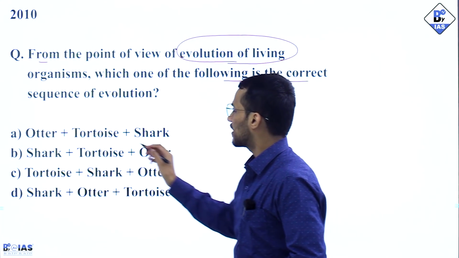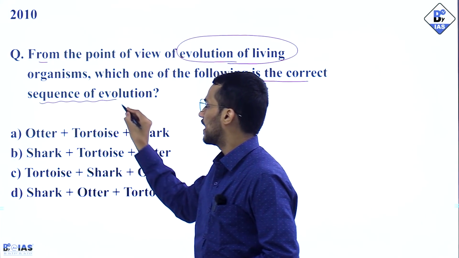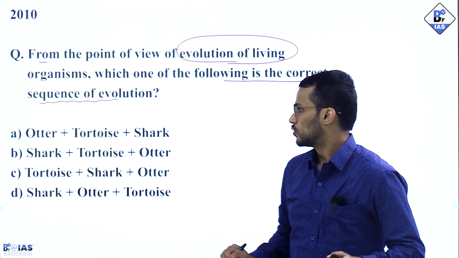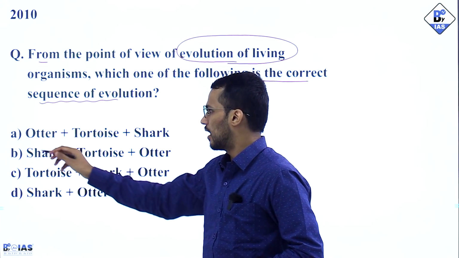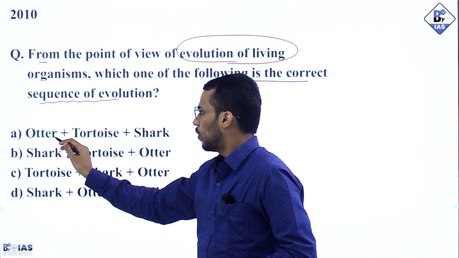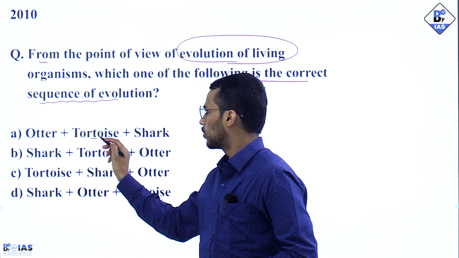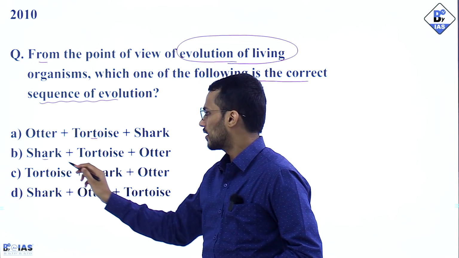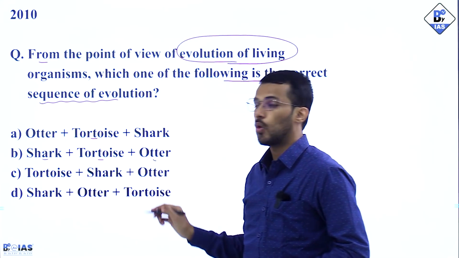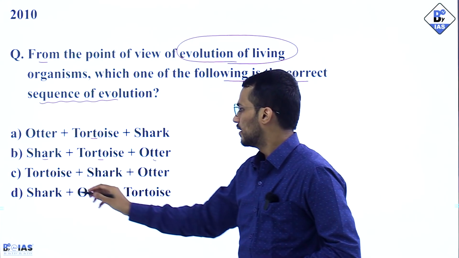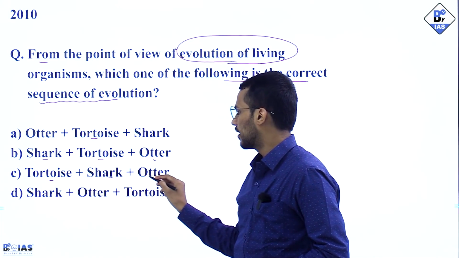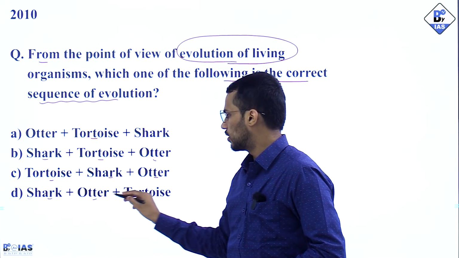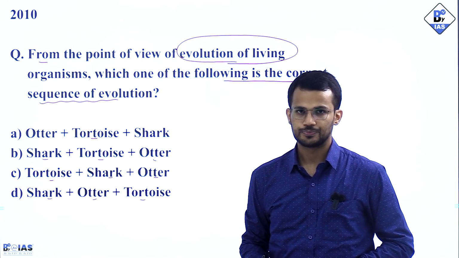So they are asking us the correct sequence of evolution. The options are: A, otter, tortoise, shark. B, shark, tortoise and otter. C, tortoise, shark and otter. And D, shark, otter and tortoise.